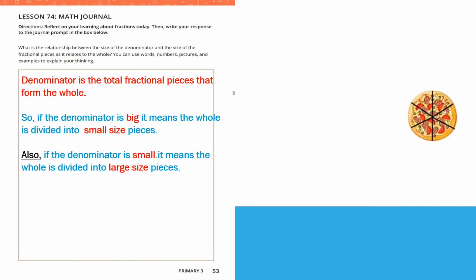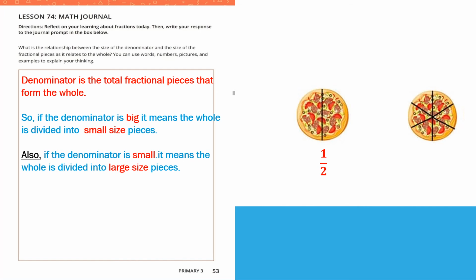Okay, I have here 2 pizzas. 1 pizza divided into 6 equal parts and 1 pizza divided into 2 equal parts. For the pizza which is divided into 2 equal parts, the fraction for each piece will be 1/2, right? 1/2, 1/2.